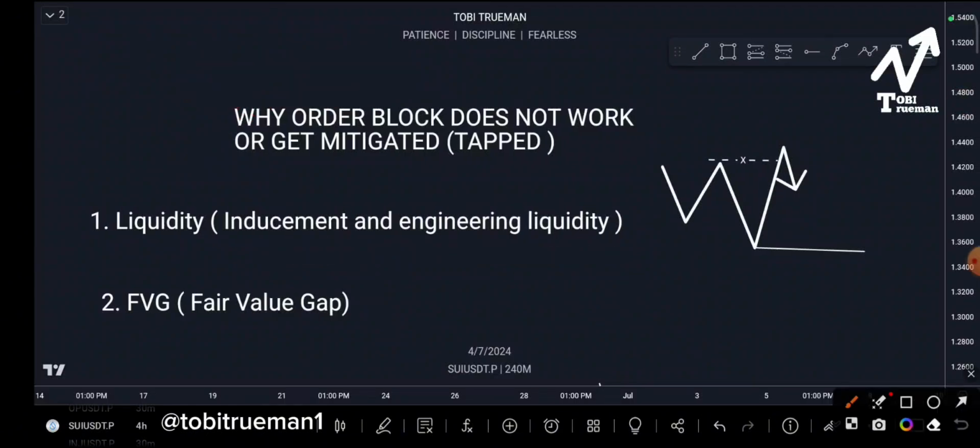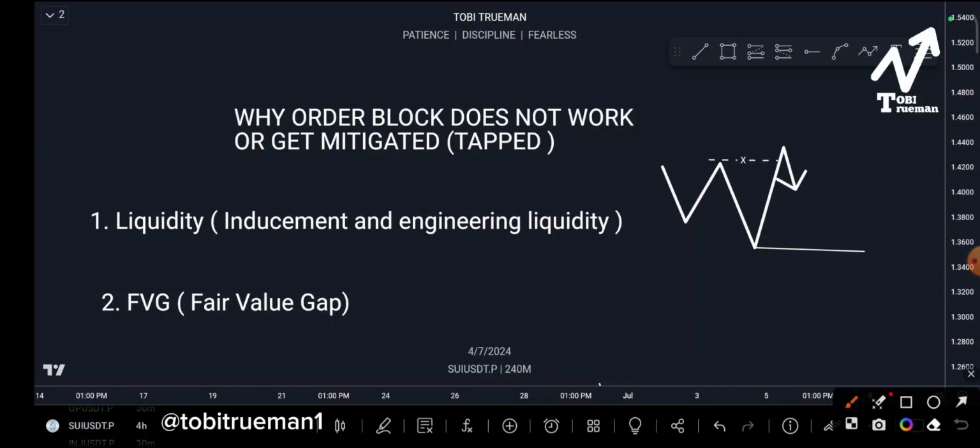Then the engineering liquidity that is very close to the order block, after price has taken the engineering liquidity, price can continue to sell or continue to buy. So what that is telling us is that what price is concerned most about is liquidity, whether in the form of inducement or in the form of engineering liquidity, which is the last pullback before an order block.